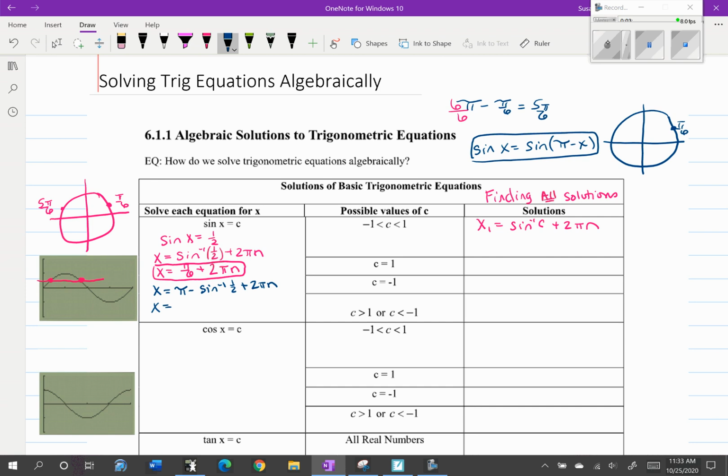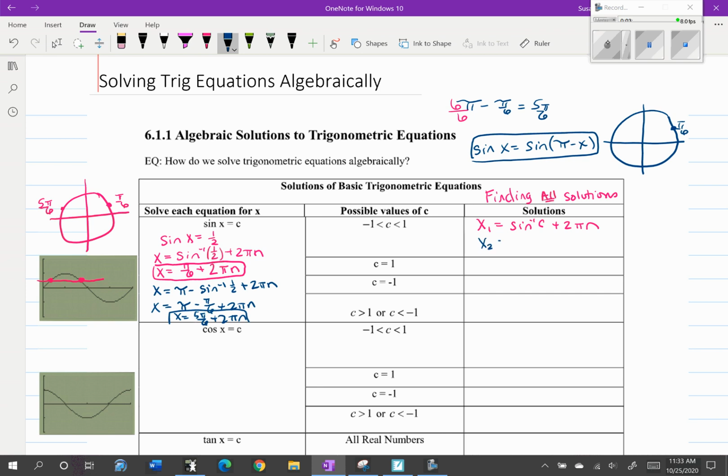In this case, x is equal to pi minus pi over 6 plus 2 pi n, and we just said that that's equal to 5 pi over 6 plus 2 pi n. So that gives me my second solution.